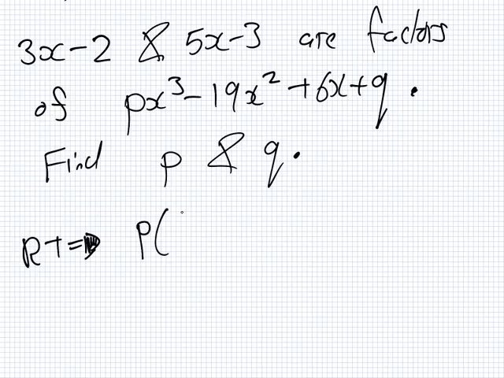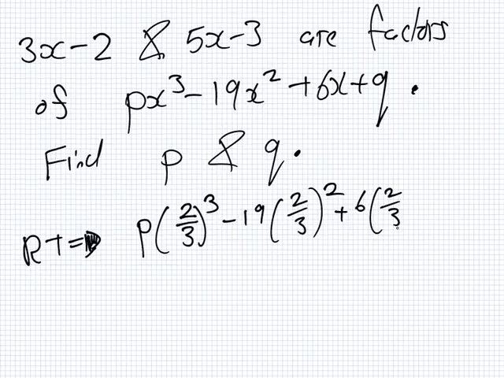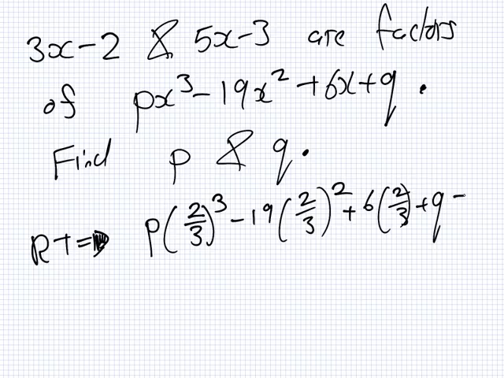P times (2/3) cubed minus 19 times (2/3) squared plus 6 times 2/3 plus q. What should that equal? 0. Could we make q 0? What do you mean? We make q 0, but why?